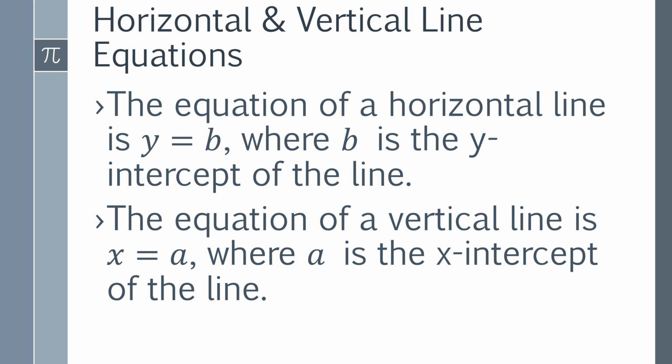Now, a horizontal line is just y equal to a number, where b is the y-intercept of the line. The equation of a vertical line is x equal to a, and a is the x-intercept of the line.